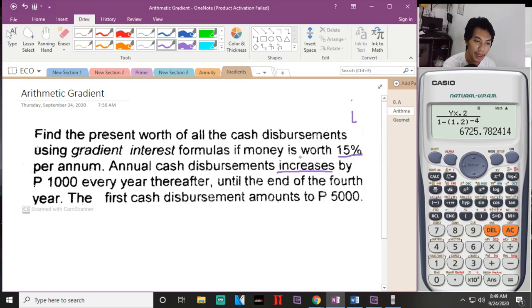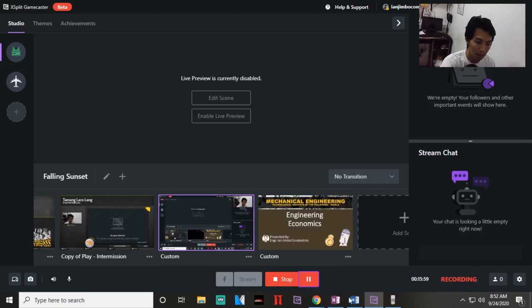Plus ang iyong gradient. Plus G, by 1,000 every year thereafter until the end of the 4th year. The first cash disbursement is 5,000. Find the present worth. Sige nga, class, in 5 minutes, I want you to try it.